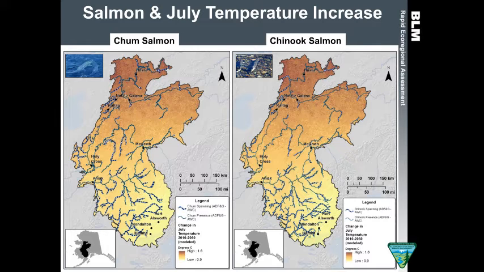So this is important in terms of management because those temperatures are already hovering at the threshold, so any increase is likely to potentially pose a problem in terms of these increased rates of mortality. And that could have a series of management implications and impacts on subsistence fisheries and commercial fisheries and such. So that's just something we wanted to highlight as an important variable there.